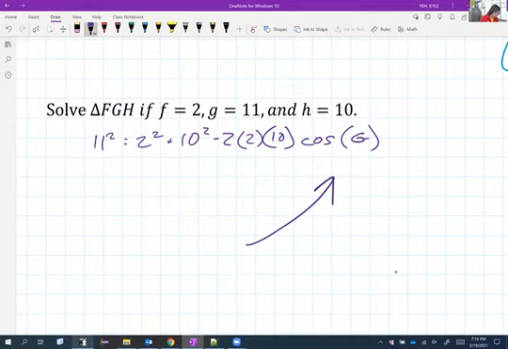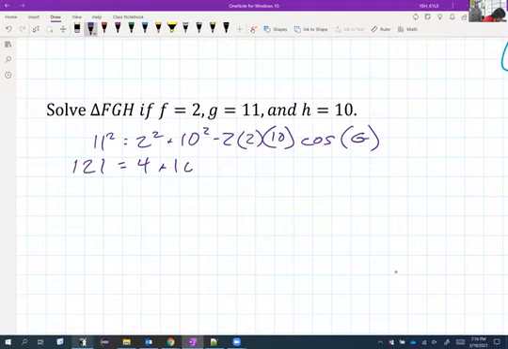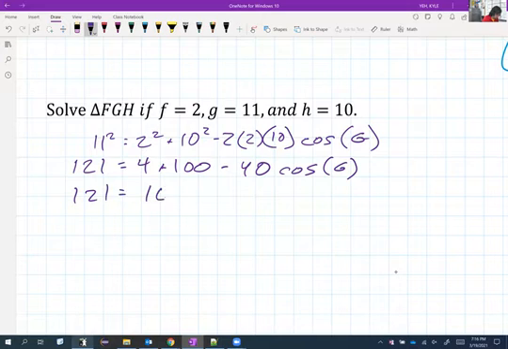We don't know what G is, so we can't just plug it into a calculator. So I would come over here and say 121 equals 4 plus 100 minus 40, it looks like, 2 times 2 times 10, cosine of angle G. So 121 equals 104 minus 40 cosine of angle G.